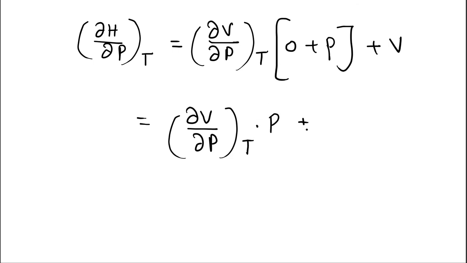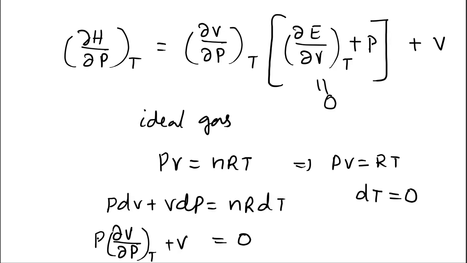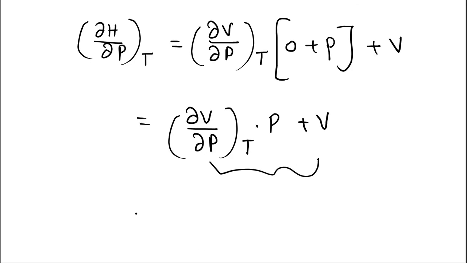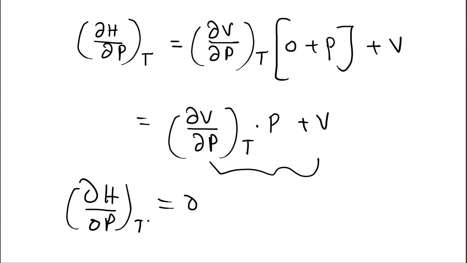And what is this factor from the ideal gas equation? P times ∂V/∂P plus V equal to 0. Therefore this factor completely is equal to 0. Therefore ∂H/∂P at constant temperature is equal to 0.